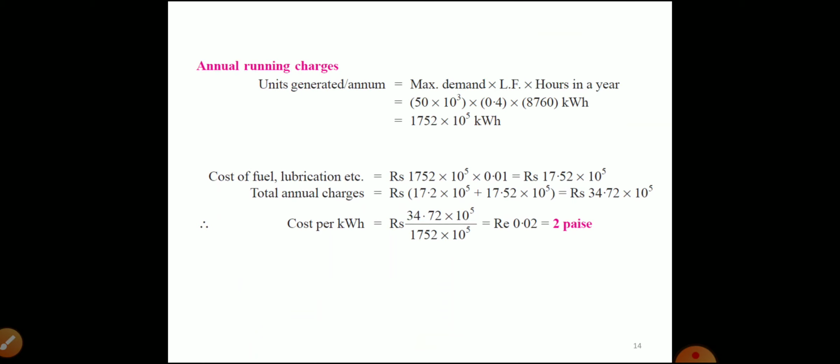So cost per kWh: rupees 34.72 into 10 to the power 5 is the total cost, and these rupees are required for how many units? 1752 into 10 to the power 5 units. By dividing this we get 0.02 rupees, that is 2 paise per kWh, meaning for 1 unit 2 paise are required.